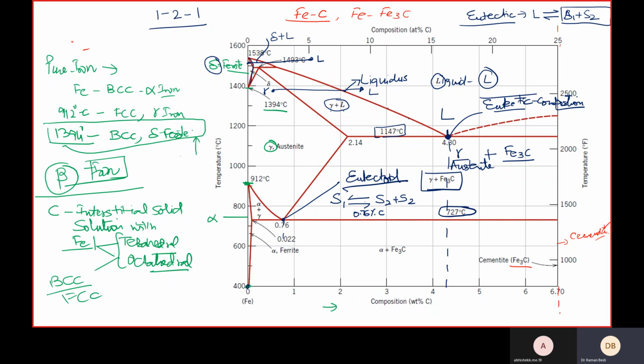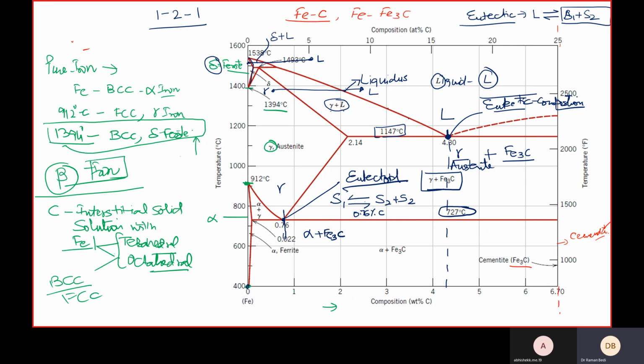A single solid phase, in this case austenite or gamma iron, when cooled at 0.76% carbon, transforms into two solid phases. The two solid phases are alpha plus Fe3C, that is ferrite plus cementite.